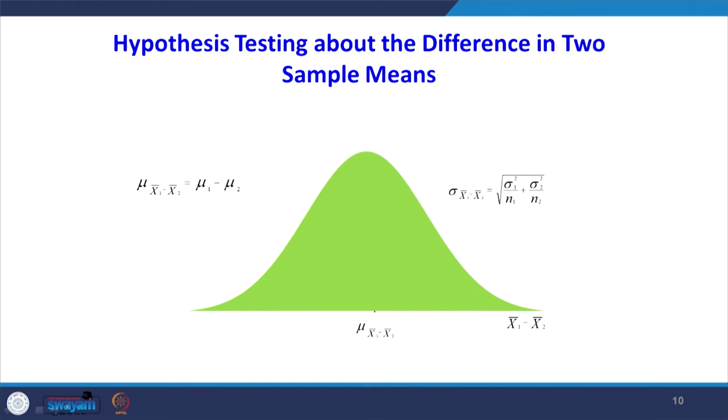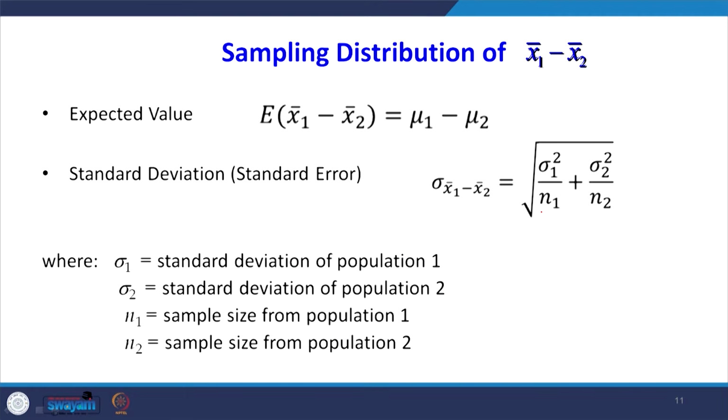So, this distribution is the sampling distribution of the difference of two samples. The mean of this distribution is mu of x1 bar minus x2 bar. The standard deviation of this distribution is root of sigma 1 square by n1 plus sigma 2 square by n2. I have already explained how we got these values. For the sampling distribution of the difference of two population means, the expected value E of x1 bar minus x2 bar equals mu 1 minus mu 2. The standard deviation we have already seen.